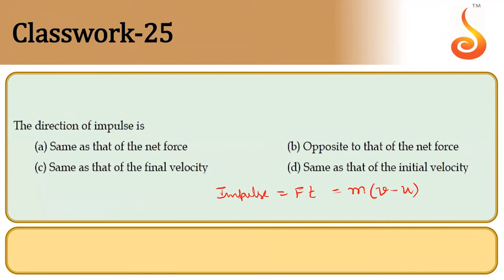According to Newton's second law, force and change in momentum are in the same direction. Or force into time is impulse; time has no direction. Whatever is the direction of force, the same is the direction of impulse. So it should be A.